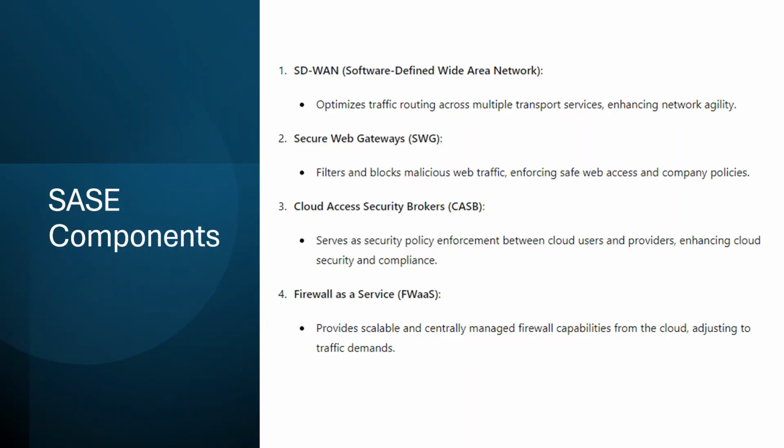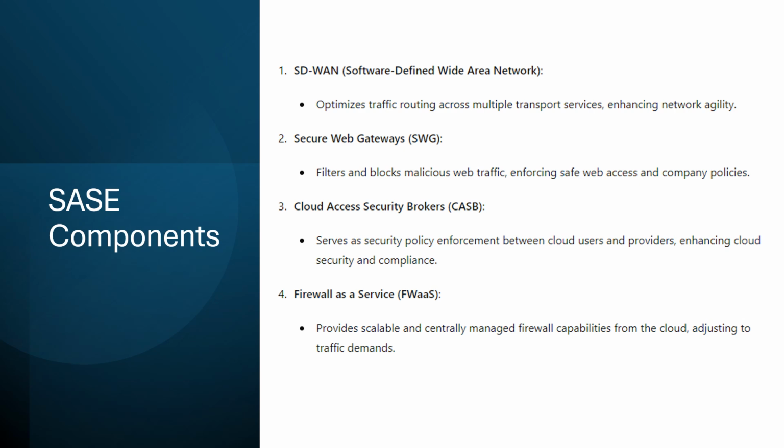Here is a list of the main SASE components. One, the SD-WAN, or the software-defined wide area network, which optimizes traffic routing across multiple transport services, enhancing network agility.